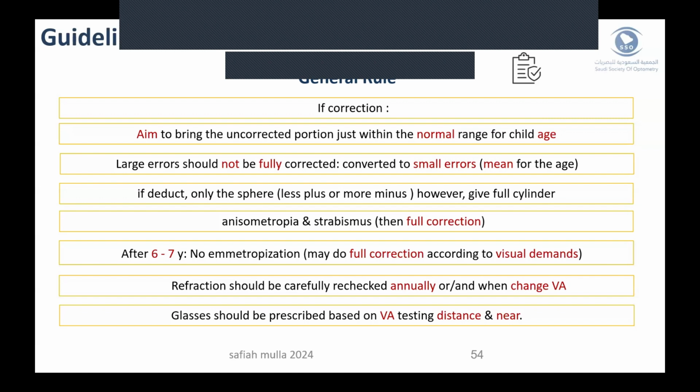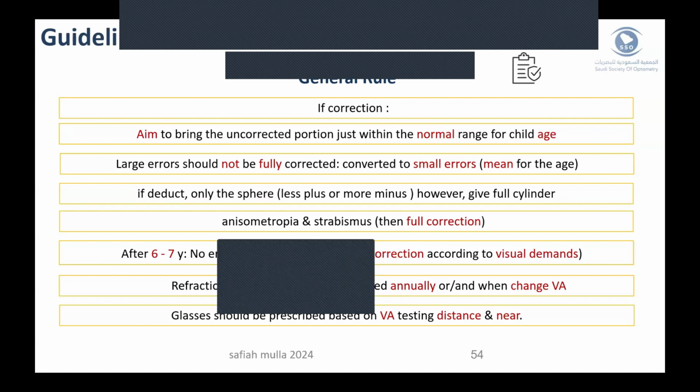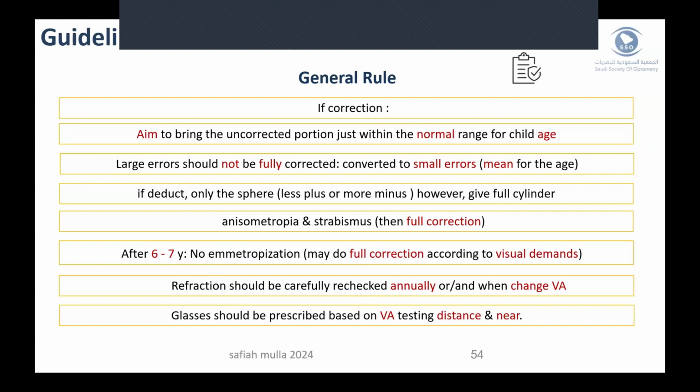If you correct fully and give the child clear images, then the retina will send signals to the brain that the image is correct, I can see clearly, stop the changes. We don't want this to happen. We need to give them something helping them, but in the meantime also give them space so that the emmetropization process continues. If they have a large error, it should not be fully corrected.